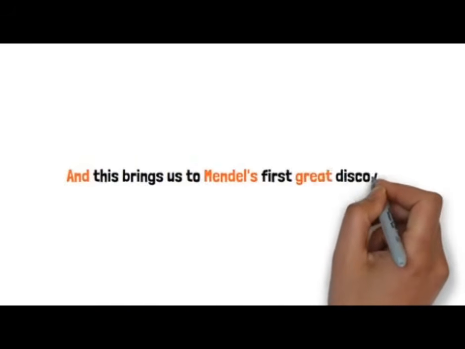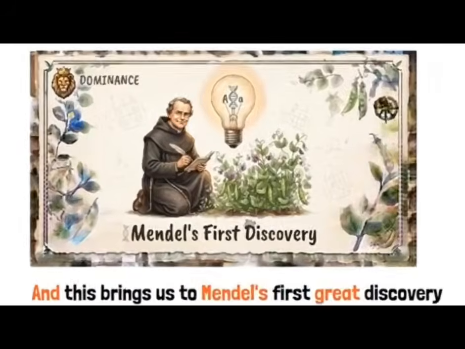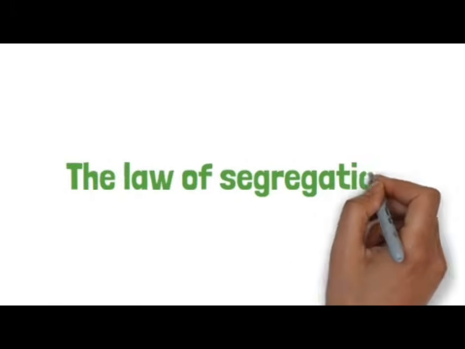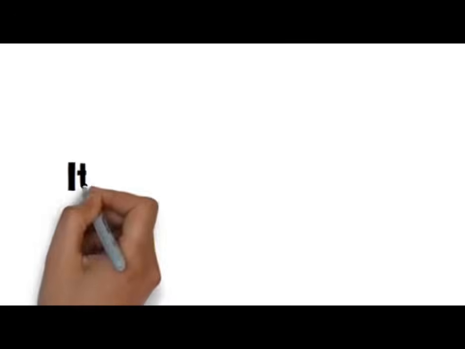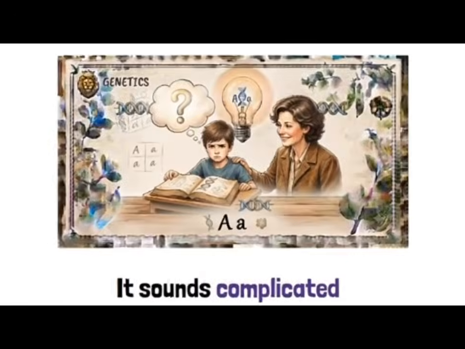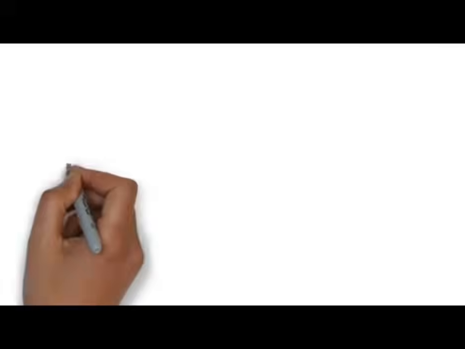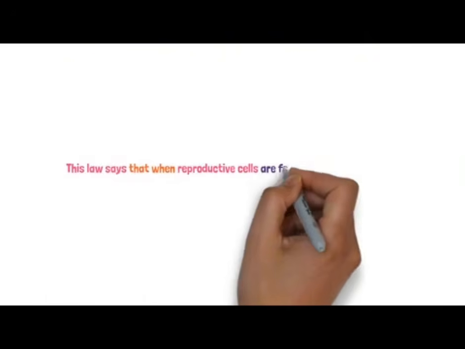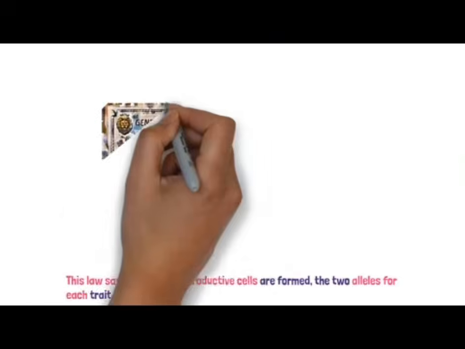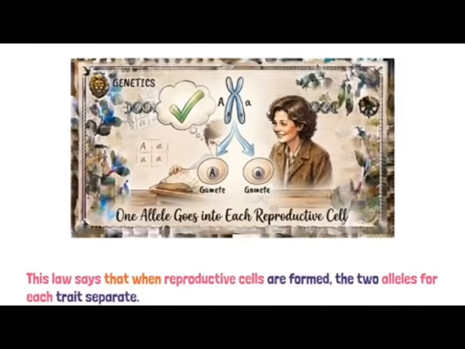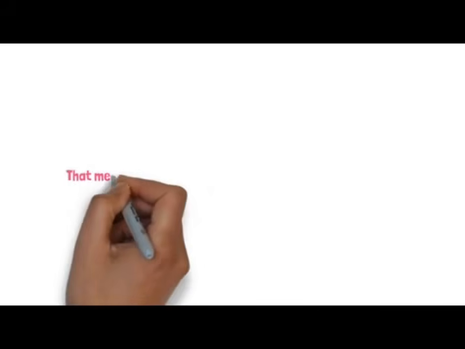And this brings us to Mendel's first great discovery, the law of segregation. It sounds complicated, but the idea is quite simple. This law says that when reproductive cells are formed, the two alleles for each trait separate.